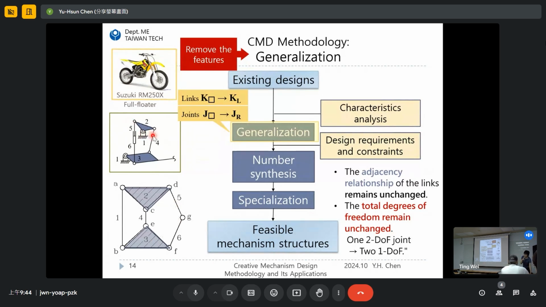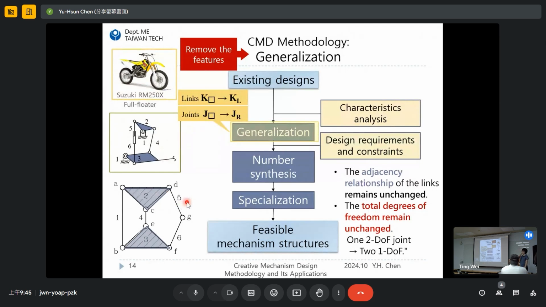Originally, that is a link with 3 joints, and after generalization, it's still a link with three joints. The neighbors of link 2 are link number 5, number 1, and number 4. And after generalization, its neighbors are still links number 1, 4, and 5. So we keep the adjacency relationship before and after the generalization.